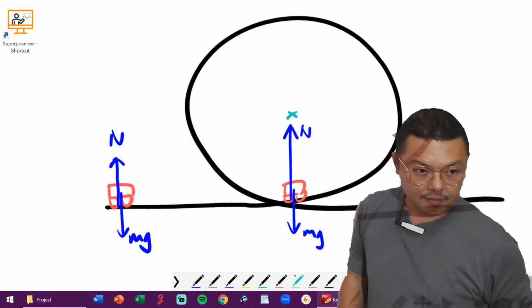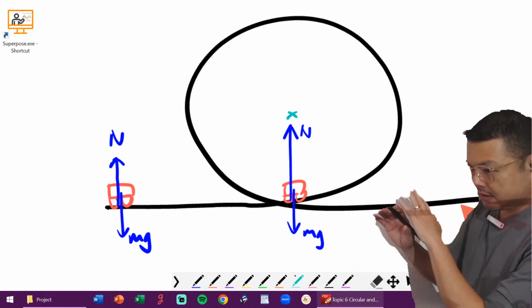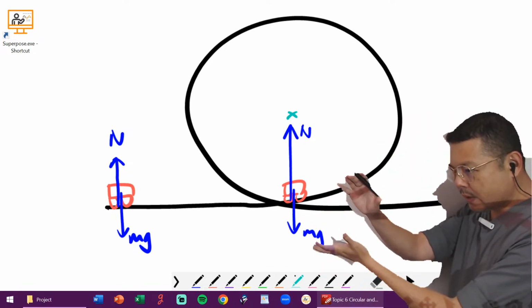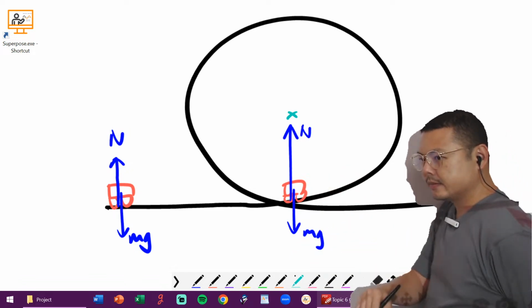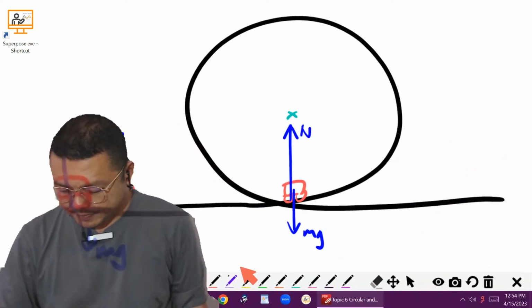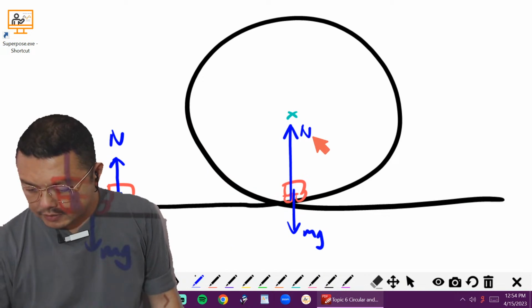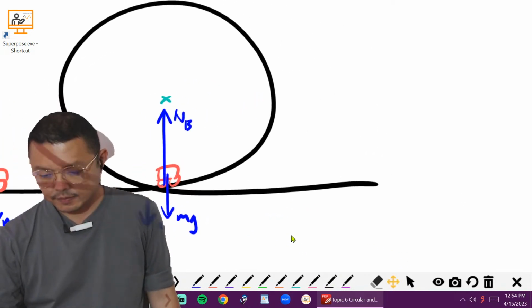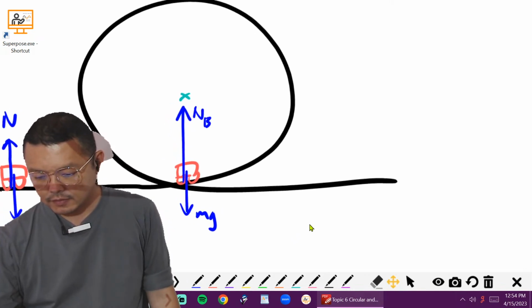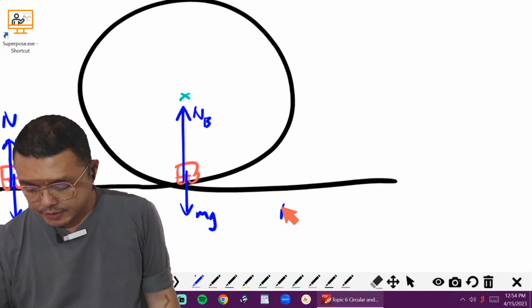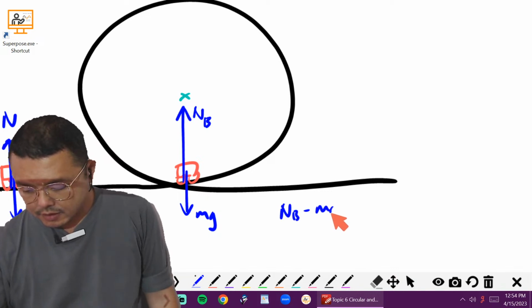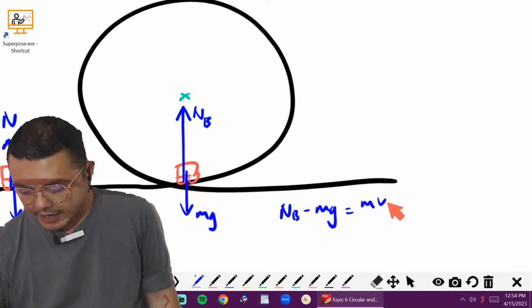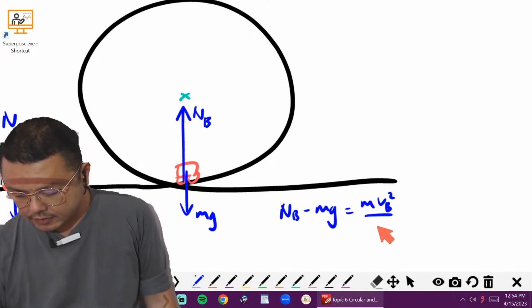Okay? And okay, good. So that being said, can you tell me what is the equation used at the bottom here? So again, this is at the bottom, right? This is NB. What's the equation that you can write here? NB minus mg equals, I'm going to write, mvb squared over r.